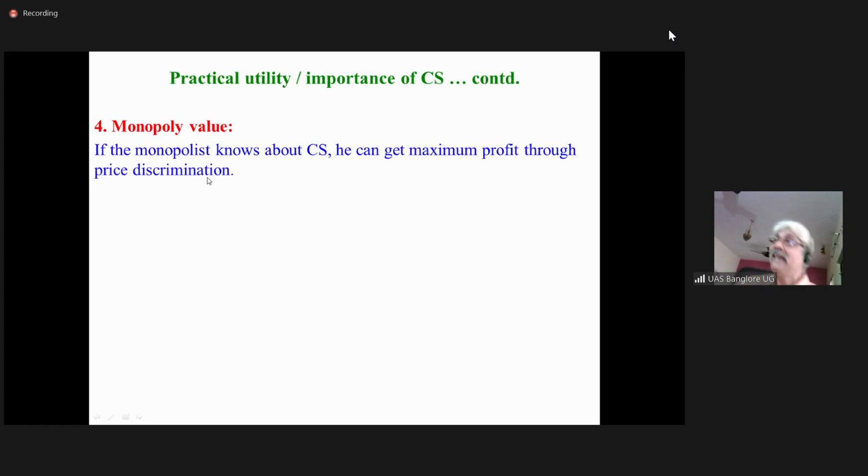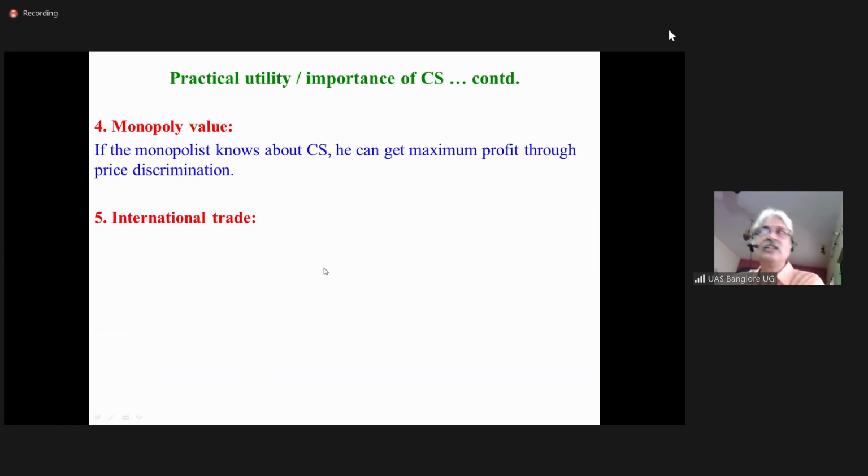Then he can charge only 50 rupees to poor people, and he can charge 150 rupees to rich people. It is price discrimination. Charging different prices to different categories of consumers by the seller is price discrimination. He can get more profit because though he gets only 50 rupees from the poor, he gets 150 rupees from the rich. Okay, that is monopoly value.